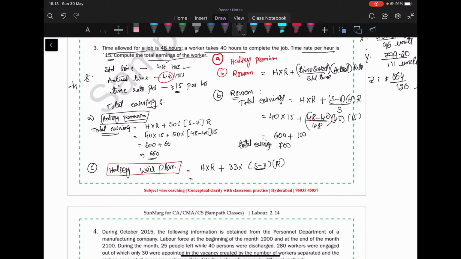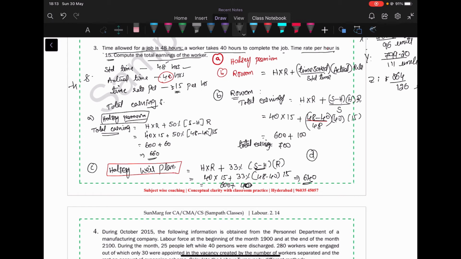So actual hours you took 40 hours, rate per hour is 15, plus 33.33% of time saved, that is 48 minus 40, into rate per hour 15. So I can say this is 600 plus 48 minus 40 into 15 into 33.33% is 40. So I can say the answer is 640 rupees.